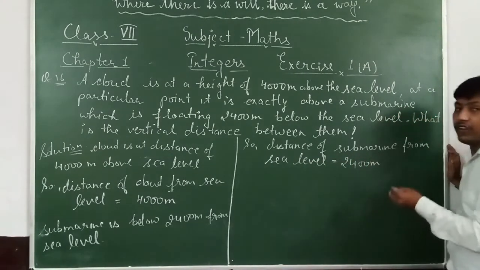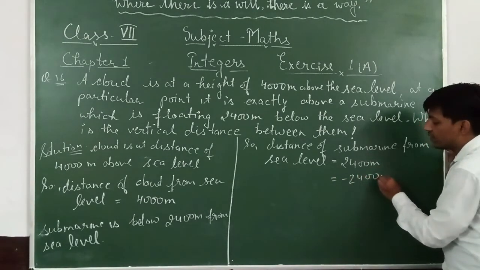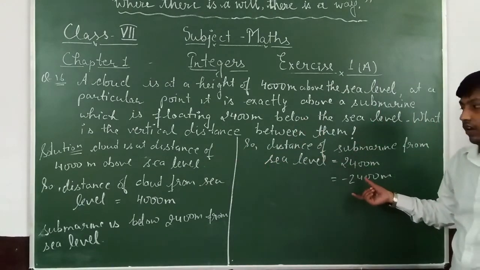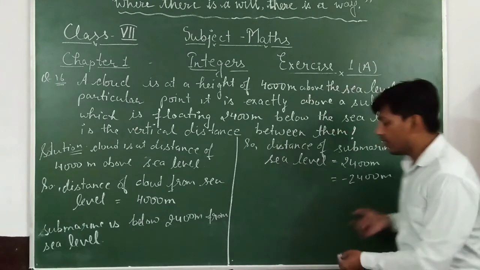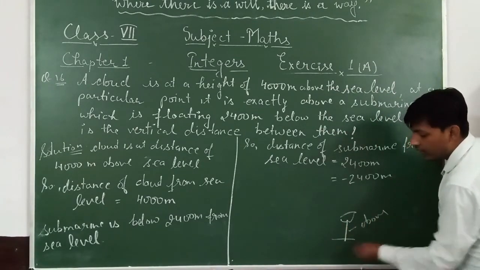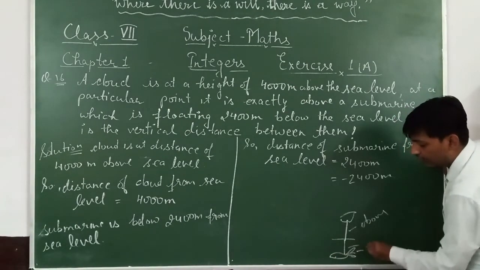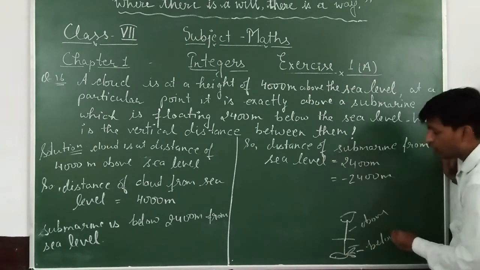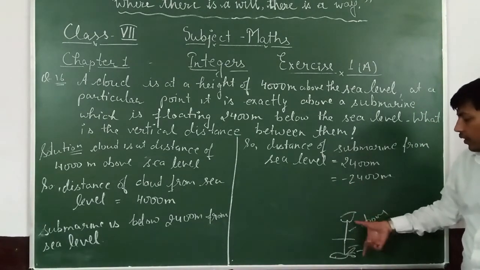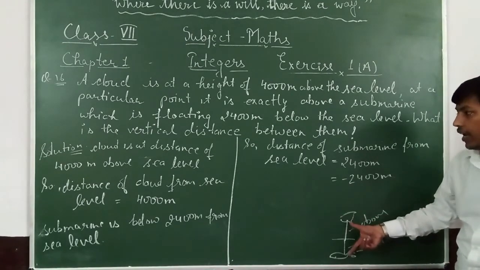but we will show it as minus 2400 because the submarine and cloud are both in opposite directions of sea level. The cloud is above the sea level and the submarine is below the sea level. So this minus sign shows that they are in opposite directions. So to find the distance between them, we add.